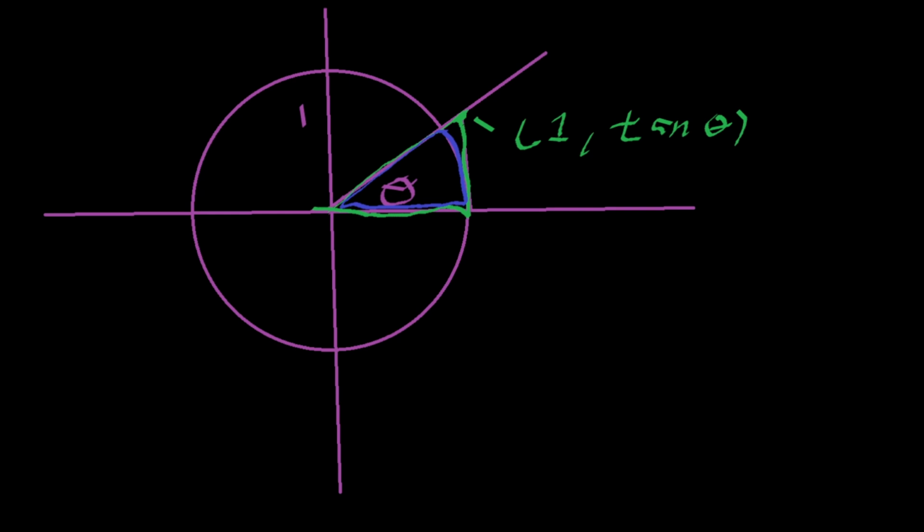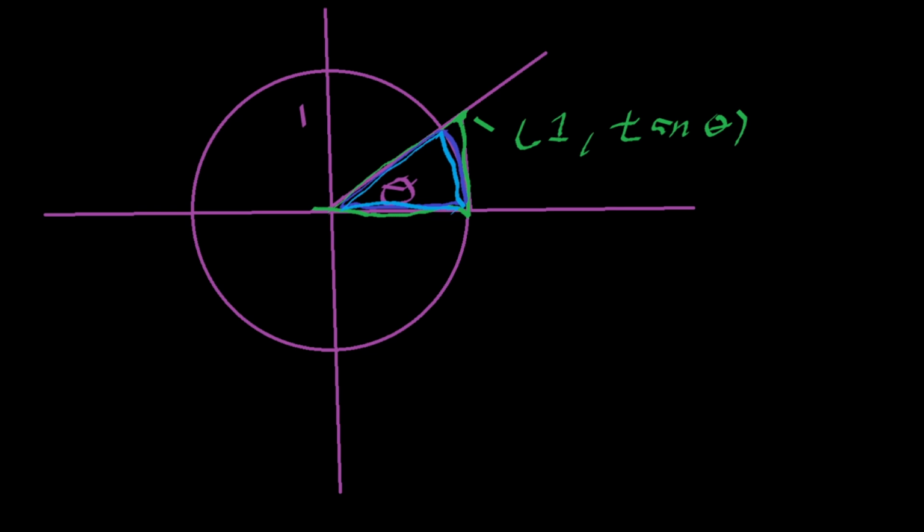And within this circle sector, we have a triangle. I didn't draw very well, but you can imagine this is a straight line instead. Now, since this is within the unit circle, all of these have a width of 1.